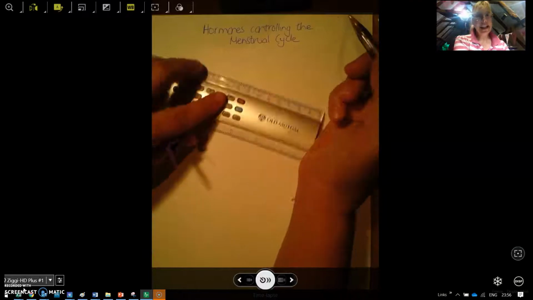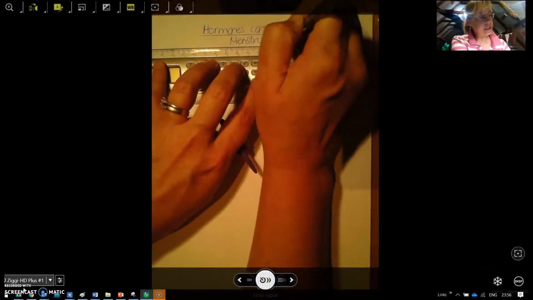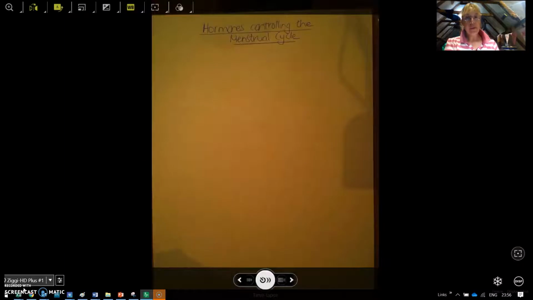If you can add today's date and underline your headings, please. Okay, now you're going to need most of a page for this, so don't squash it in.